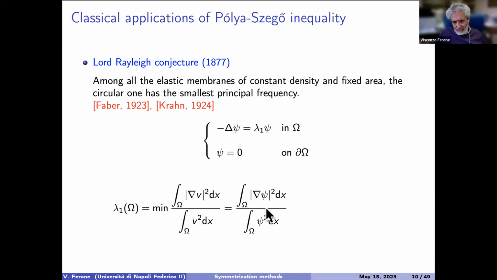This is realized by psi, and then at this point we go down with the Pólya-Szegő inequality. The numerator goes down, the denominator stays fixed, and being for the ball the first eigenvalue the minimum of this ratio, we go down with the lambda 1 over the ratio. And so this chain of inequalities gives you the required property.